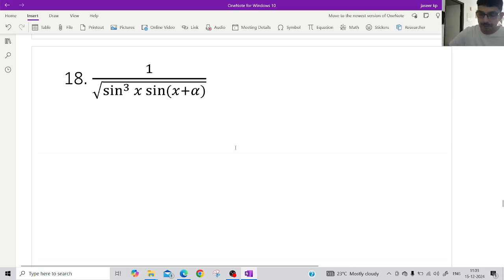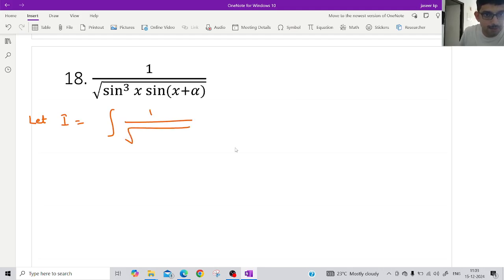1 by square root of sine cube x into sine x plus alpha. So let us take this as I, that is integral of 1 by square root of sine cube x into sine x plus alpha dx.